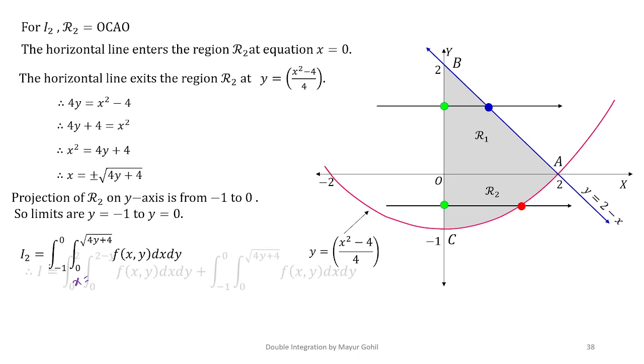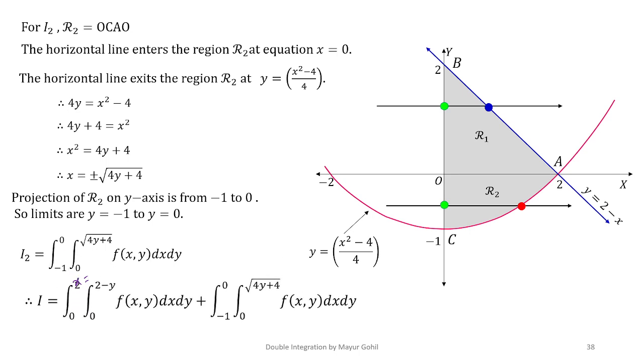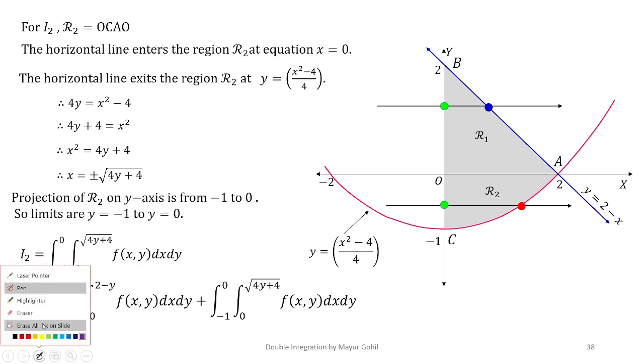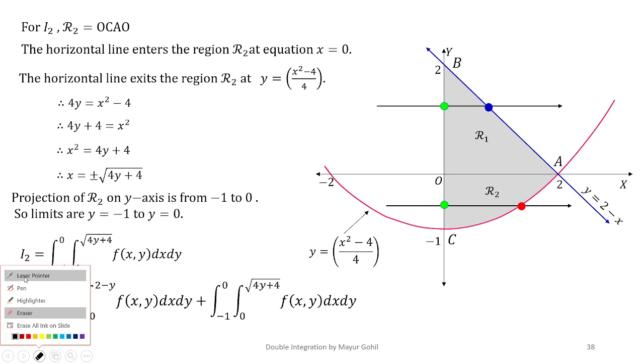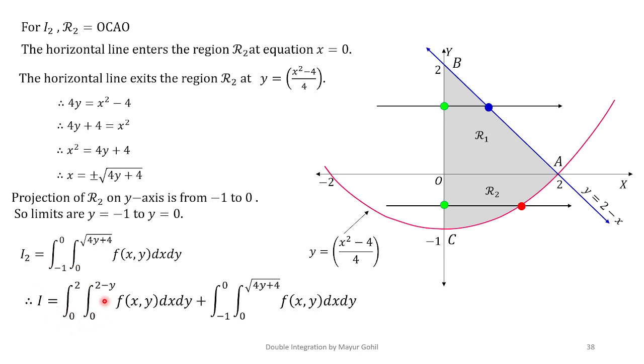Okay, so finally, when we change the order and write our double integral, we will get I1 plus I2. So this is I1 plus I2, where I1 is written here and I2 is over here. Okay, so this is how it is done.